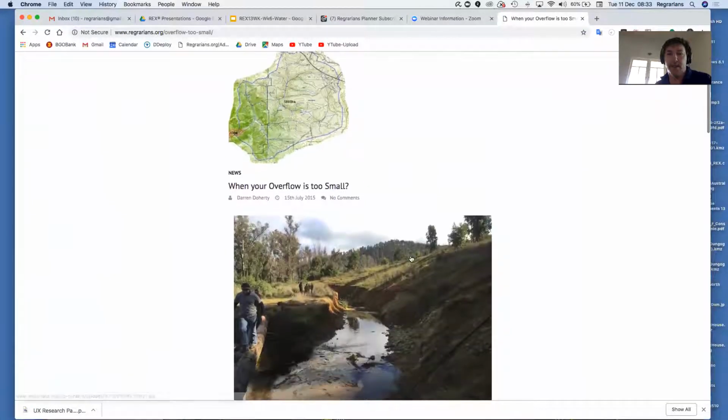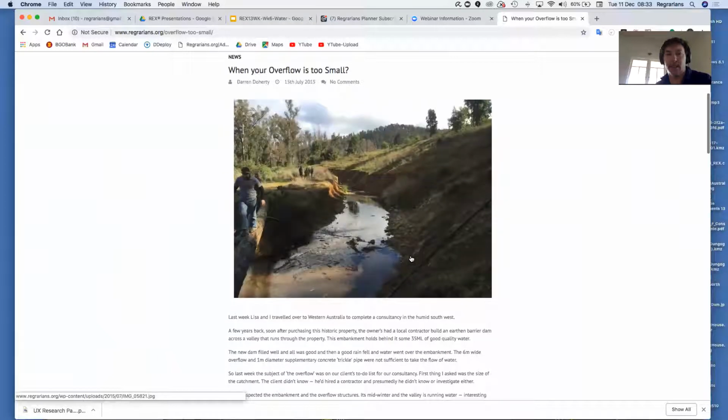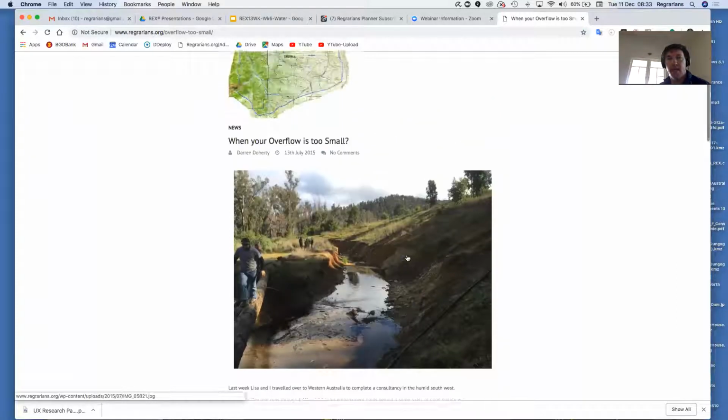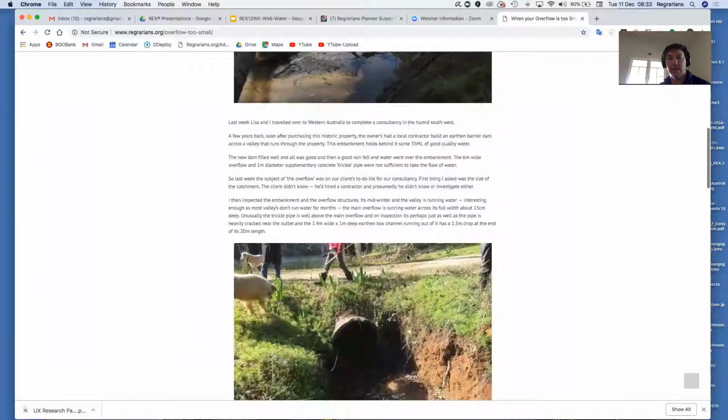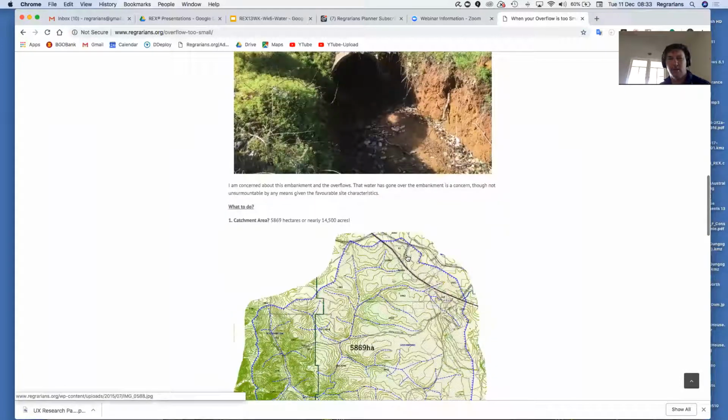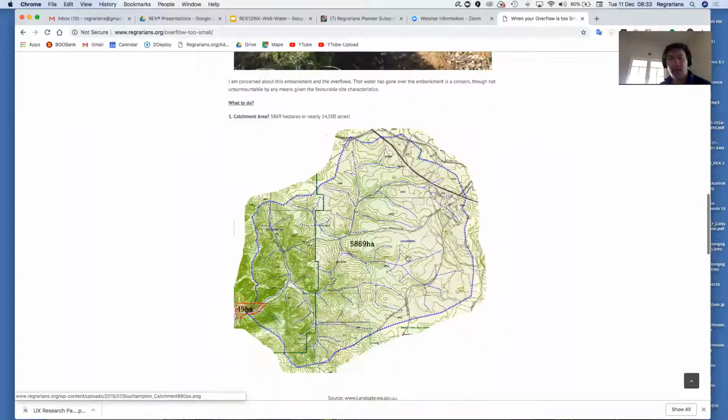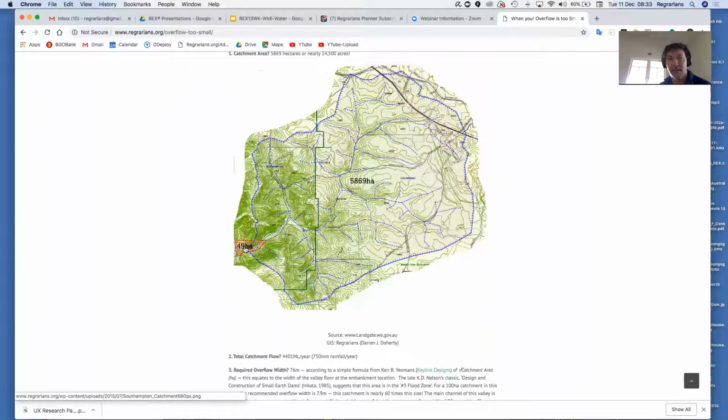This is a case of a client, Jeff Power, and Michelle McManus, who got a property in Western Australia. I got there and I went, wow, they've got this dam down here. They bought this property and had this dam installed, like people do.